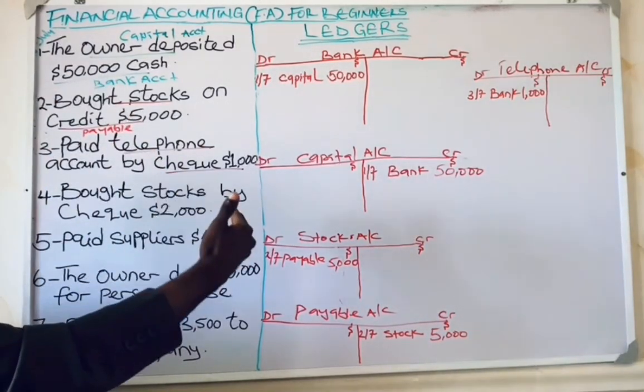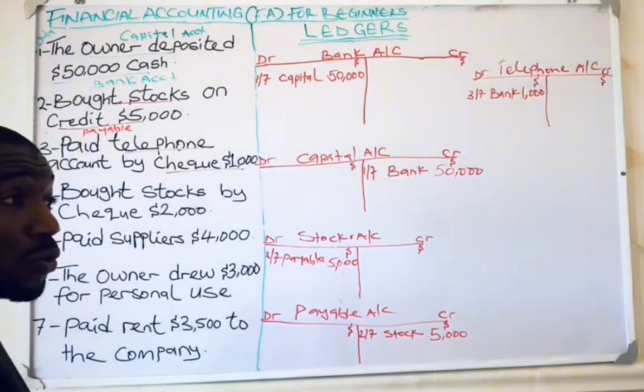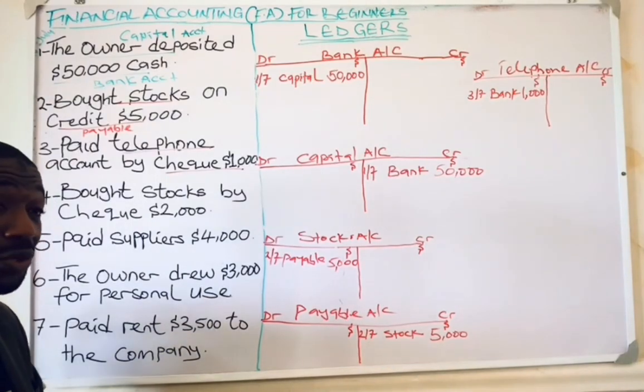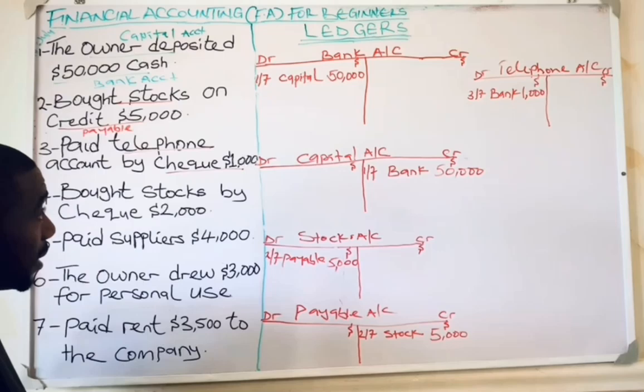But this is a monthly transaction. At the end of the month, you will know your bank balance, and your capital account at the end of July has such a balance. That is the ledger, and that is the difference between ledger and journal. Journal is daily basis, while ledger is monthly basis.